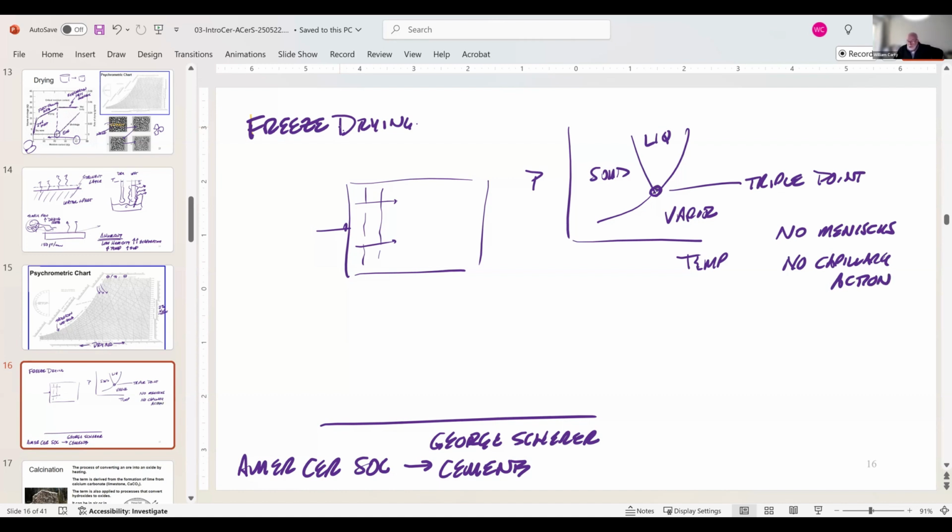This point will change with dissolved salts. The other thing that happens is as you evaporate moisture from the system, you can cause the solid, the ice, to move to the vapor phase. That's sublimation. Liquid in the system can be avoided, so you don't get any capillary action. You could arguably be along this curve here to have the same sort of thing, but this is more or less the ideal place to be, is my understanding.